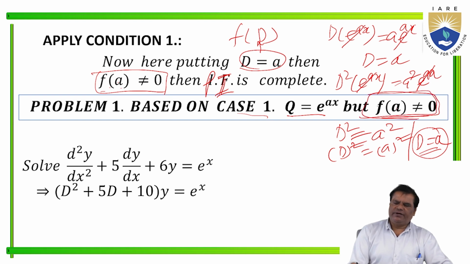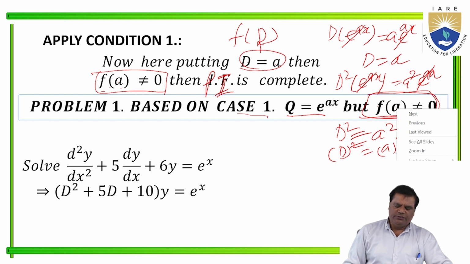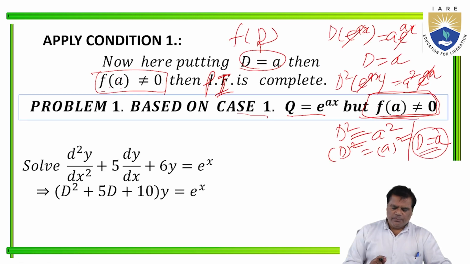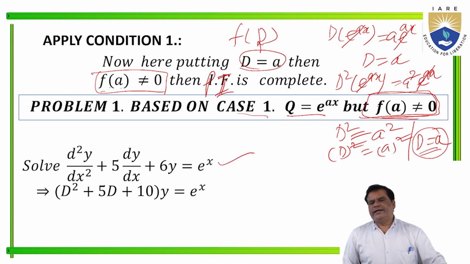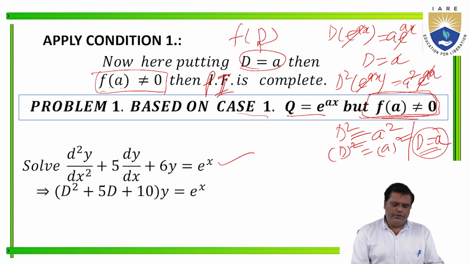Now the problem is d2y over dx2 plus 5 dy over dx plus 6y equal to e to the power x. Writing d2y over dx2 as D square, 5 dy over dx as 5D, plus 6, y equal to e to the power x.